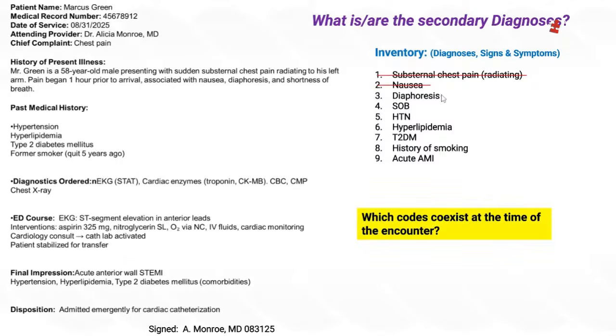So is nausea related to AMI? Diaphoresis, that's excessive sweating, that's related to an AMI. Shortness of breath is also. Now, hypertension, hyperlipidemia, type 2 diabetes, and they are flying in the chat. You all are saying it all. And I also included history of smoking, right?